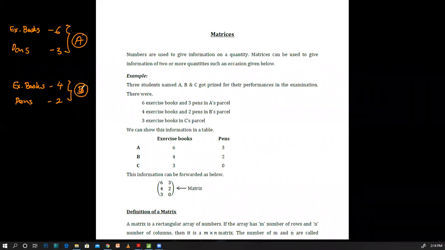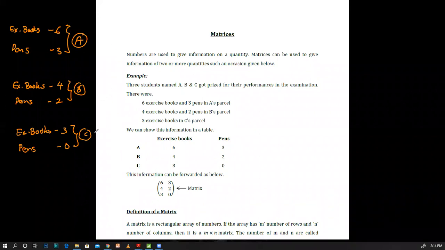This is for the parcel obtained by student B. Then the prize for C just contains 3 exercise books only. Therefore, in other words, we can say that there are no pens, or there are 0 pens. This is the prize got by student C.